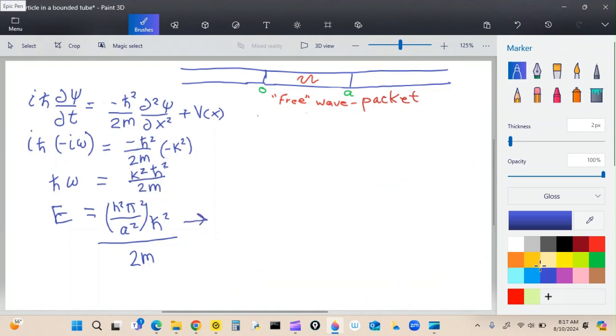Okay, let me simplify this. Let me put this as n squared pi squared over, don't forget about the h bar squared, over, let's see what ends up in the denominator, a squared 2m.